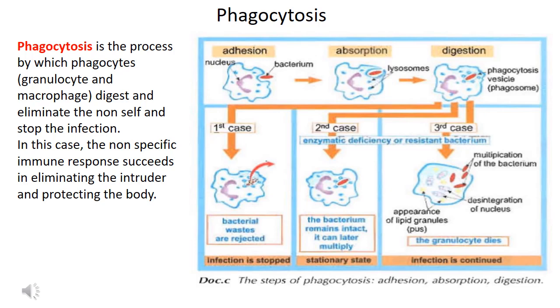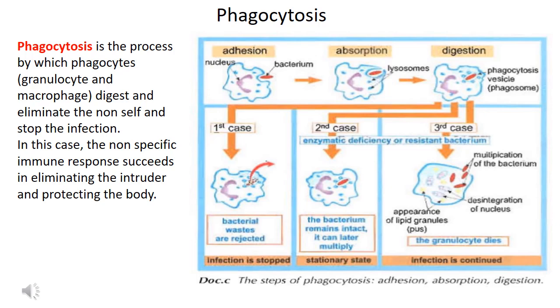Case 2, in case of dysfunctional enzymes, the enzymes are non-functional, inactive, or they are very few. Also, the microbe could be resistant, strong. So, the microbe is not degraded. It remains, in this case, intact, dormant inside the cell. And this is what we call a stationary state.